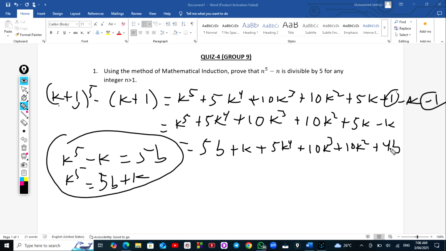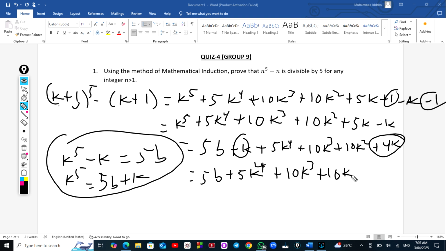Sorry, instead of k I'm writing b. Okay, we have 5b. I think these are the only like terms, so we just have to group them and add them, giving us 5k again. So we have plus 5k to the power 4 plus 10k to the power 3 plus 10k to the power 2 plus 5k.